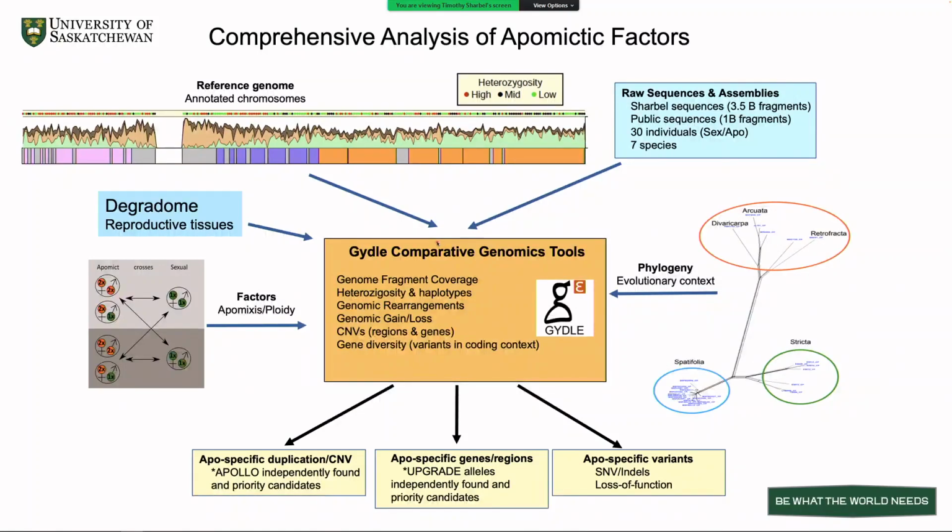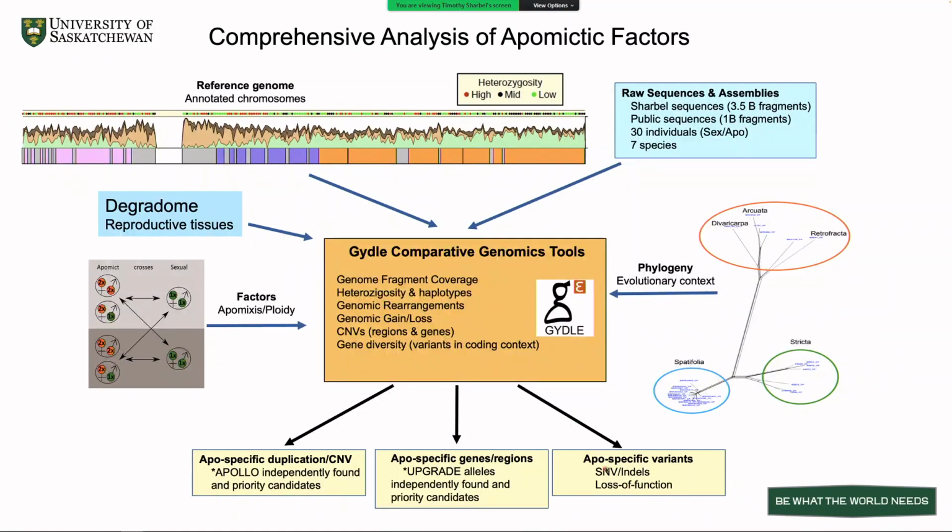These comparisons between sexual and apomictic individuals, very thoroughly done, have independently identified apo-specific duplications. APOLLO, we identified independently. We found apo-specific genes and regions. And once again, we found UPGRADE independently, right? So Philip has bioinformatically done the work of a geneticist.